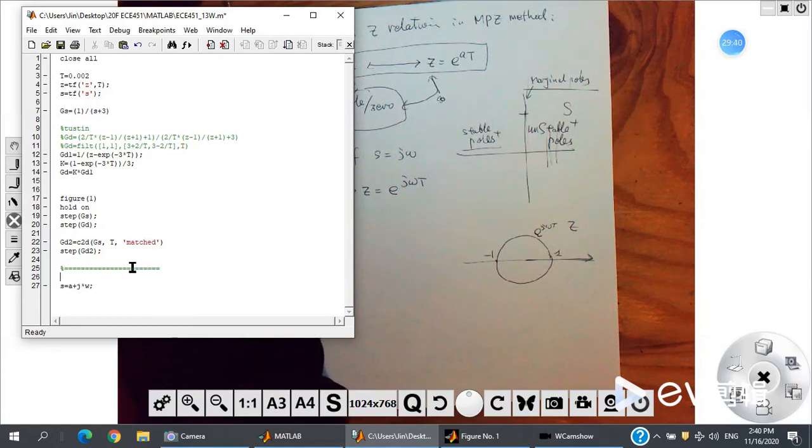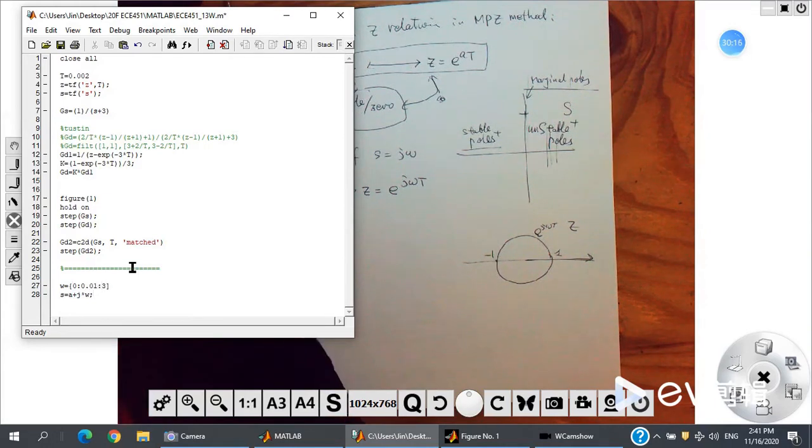Omega I take from 0 to, for example, 3, with a step of 0.01.